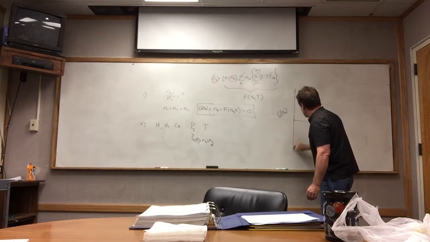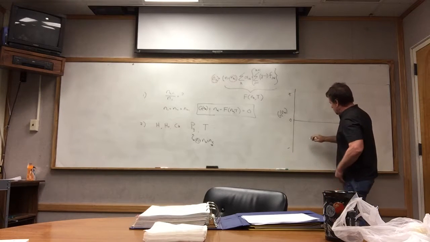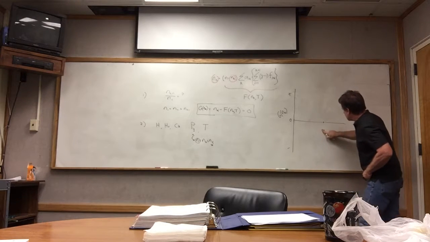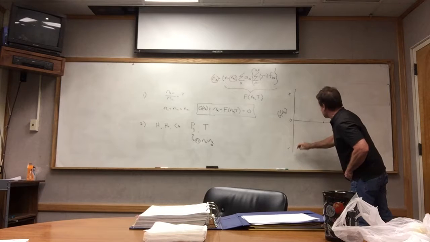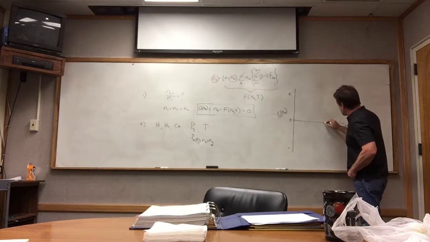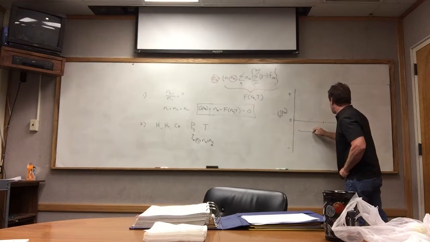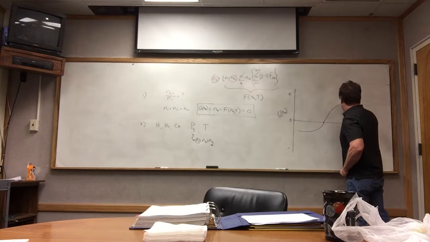So here's 0, here's positive, here's minus. And you might find that the Ne that gives you the 0 is here. The axis here is Ne. So the function might look something like this.